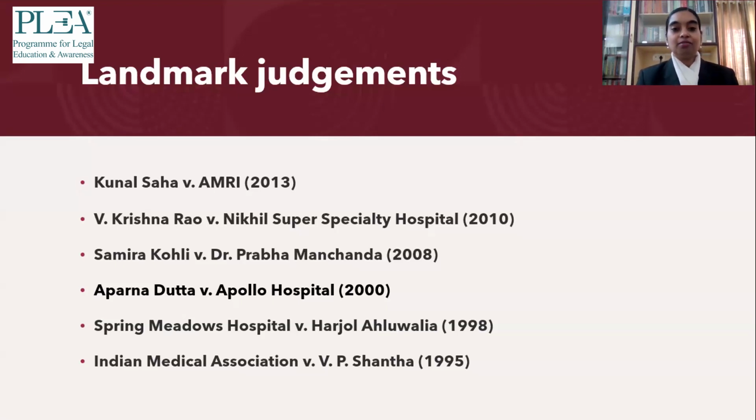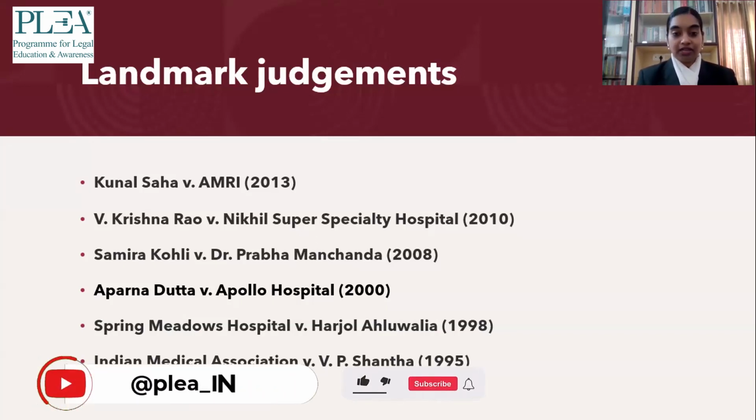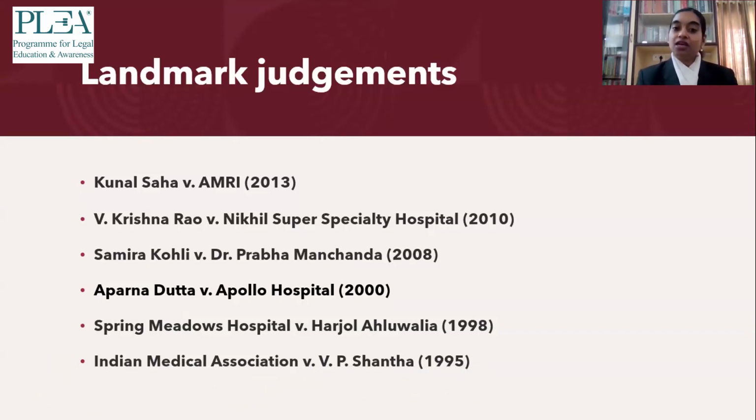When you are writing about medical negligence or any other part which is related to medical negligence, you can cite these. Even if you write one judgment 2 times in 2 different answers, that is also okay. It just means that you've understood.